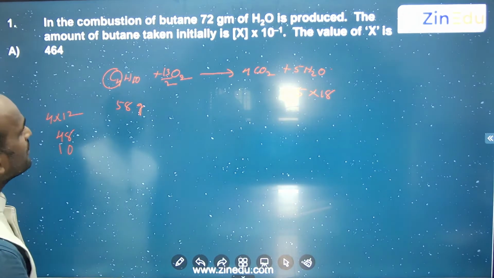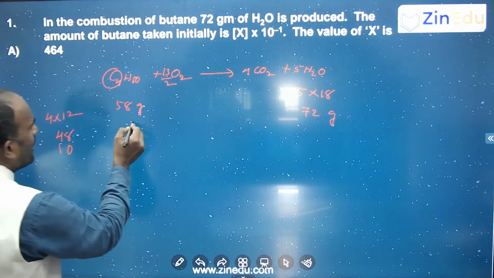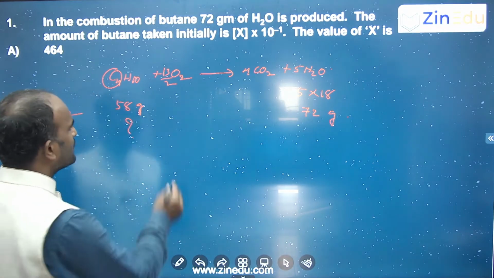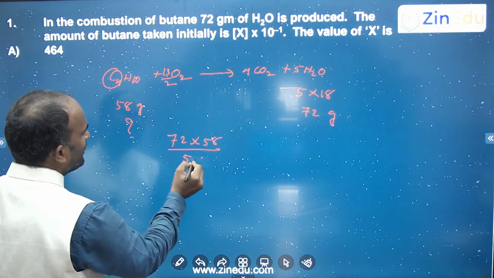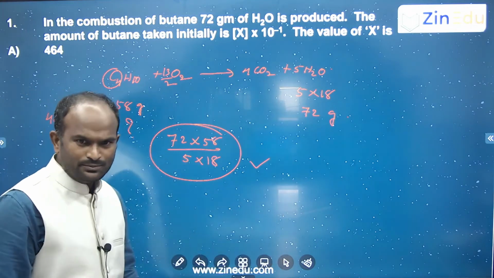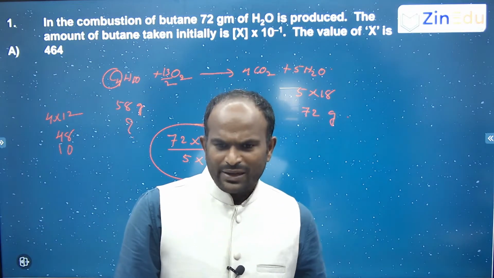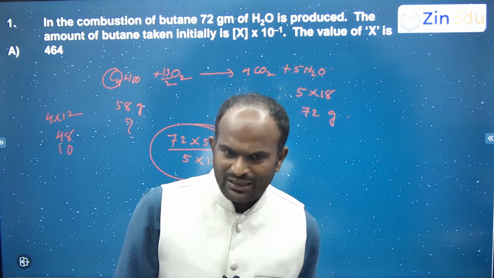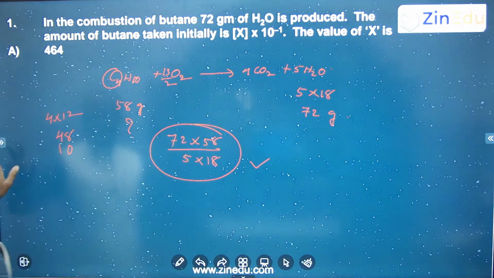Then for 72 grams, how much butane we have to consider? 72 into 58 divided by 5 into 18. So this could be the answer. It's a simple stoichiometric expression, nothing more, nothing less. Right? Clear? Now let us move to the next one.